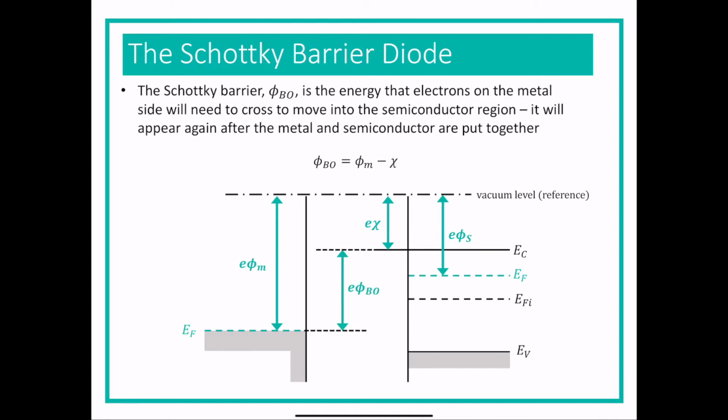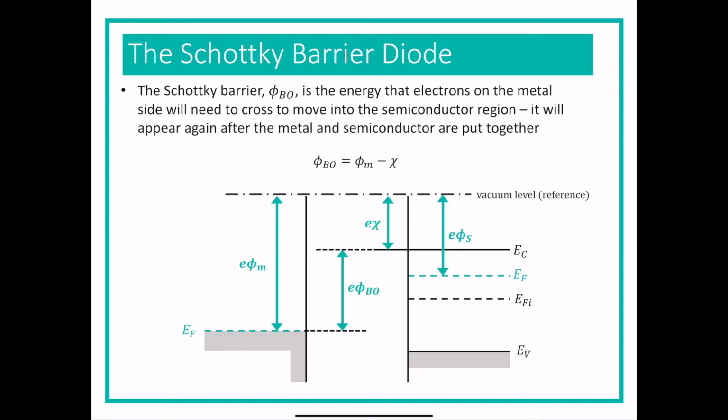The Schottky barrier, which is basically the difference between the conduction energy on the semiconductor side and the Fermi energy on the metal side, is just the difference between the work function of the metal and the electron affinity of the semiconductor. This will be important.